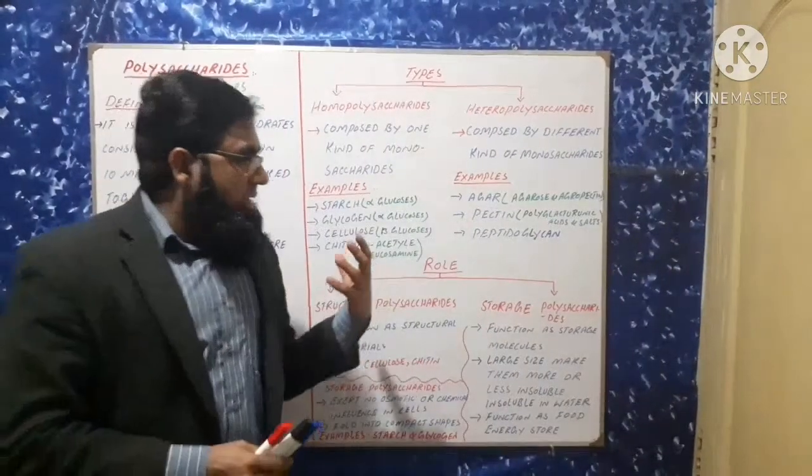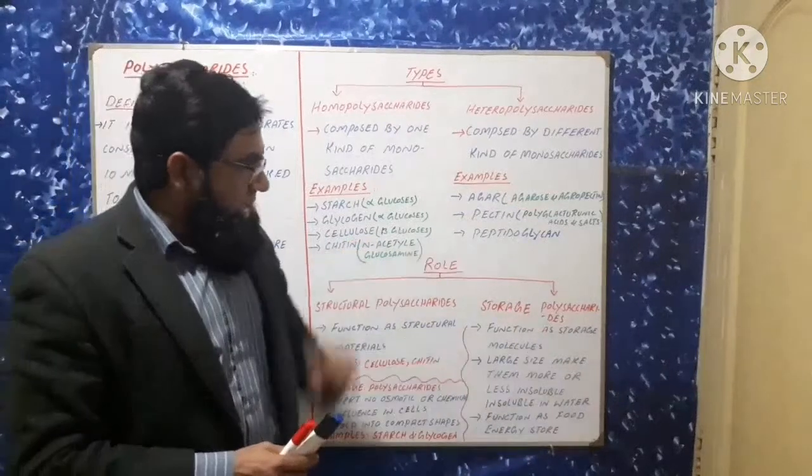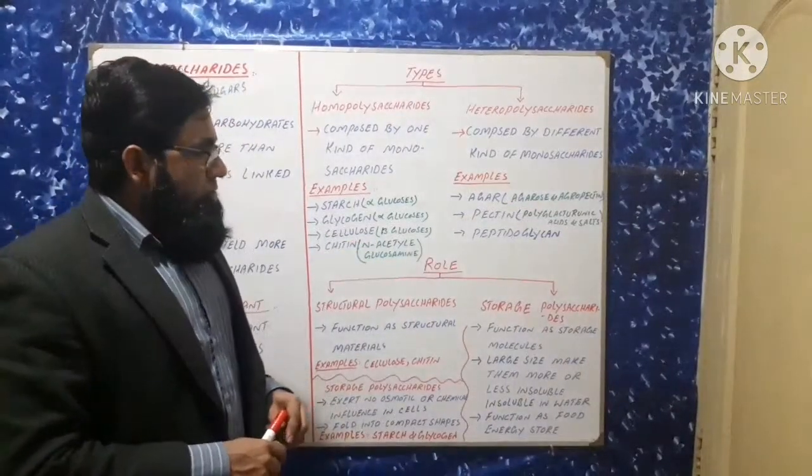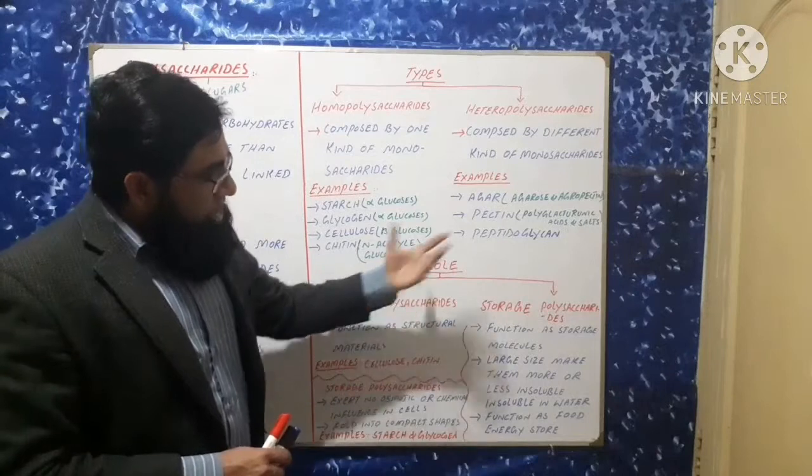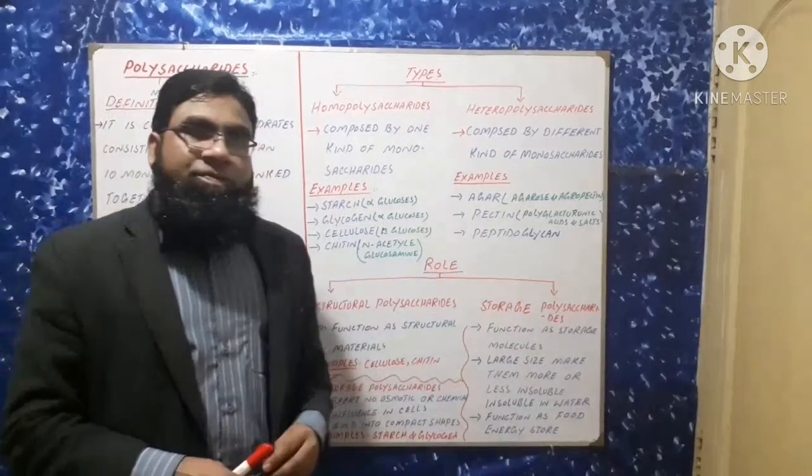The second type of polysaccharides on the basis of role are storage polysaccharides, and storage polysaccharides function as storage molecules.